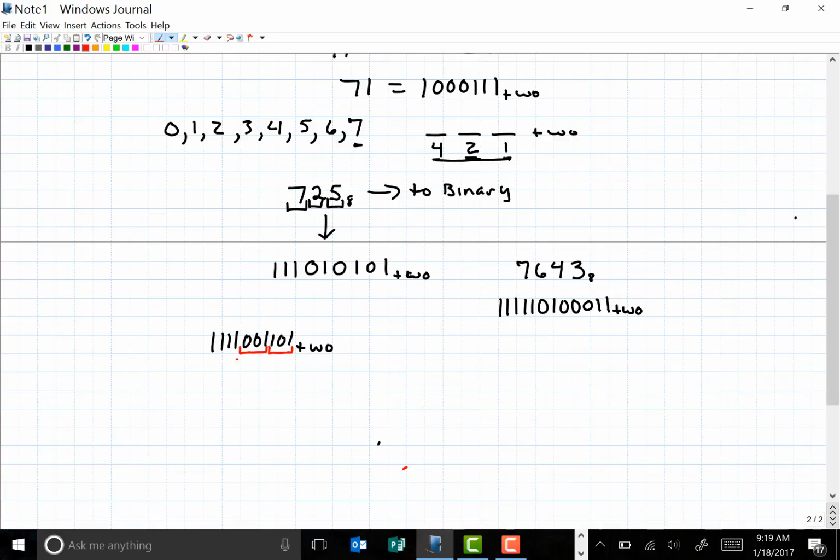So I have these 3 digits, these 3 digits, these 3 digits. And since there's not 3 here, I'll just put 2 zeros in front. So now I'm just going to convert each group of digits.